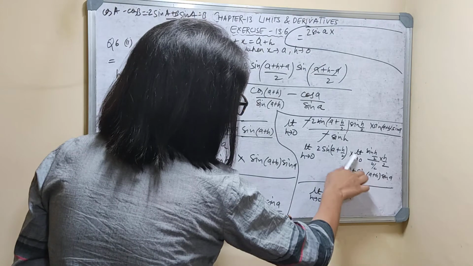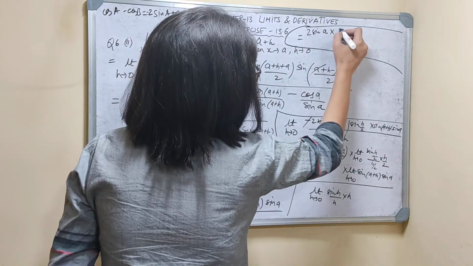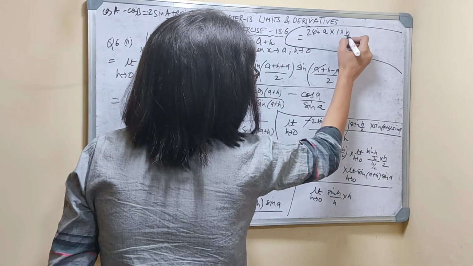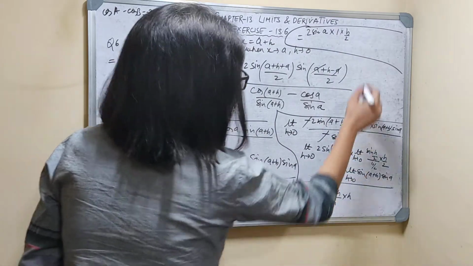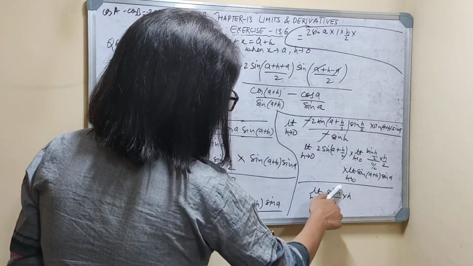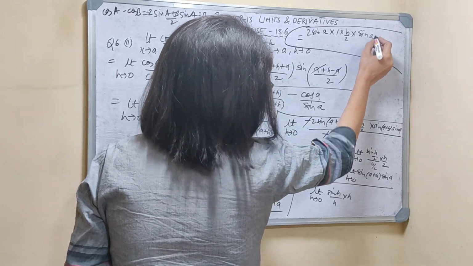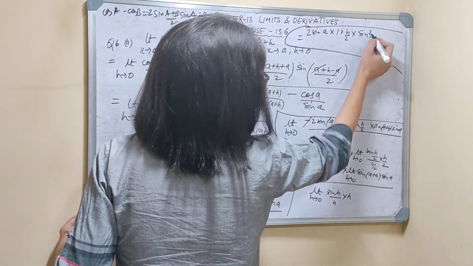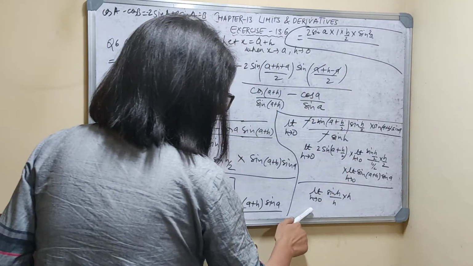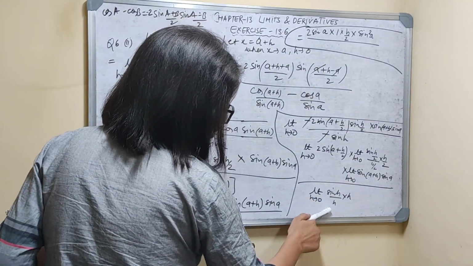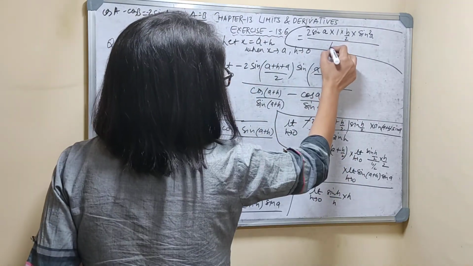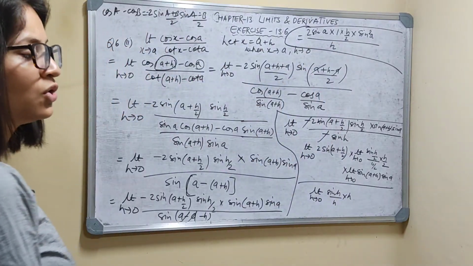So this part is what? 1 into h by 2. So 1 into h by 2 into limit h tends to 0, sine a plus h. So sine a plus 0, so sine a into sine a. So sine square a upon limit h tends to 0, sine h upon h, that is what? 1 into h, that is what? H. Till here, no problem.